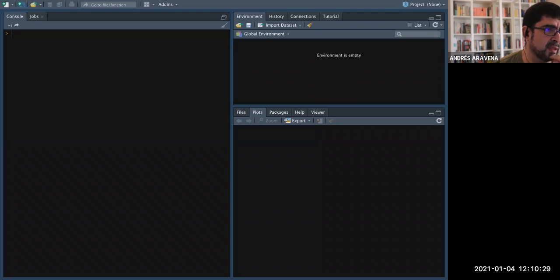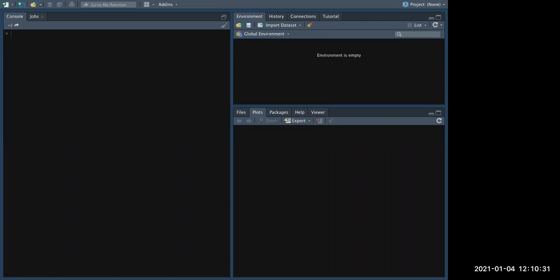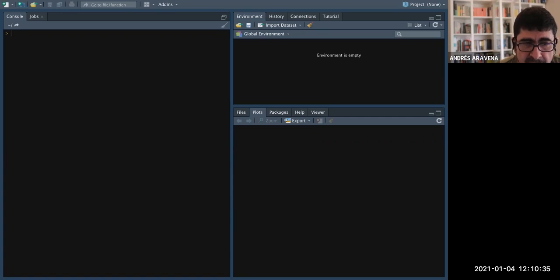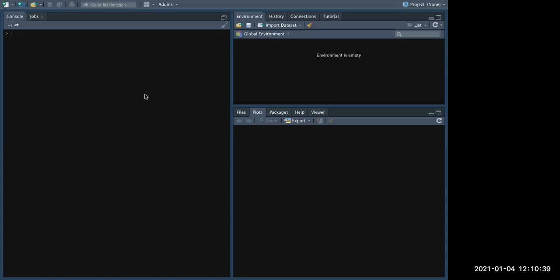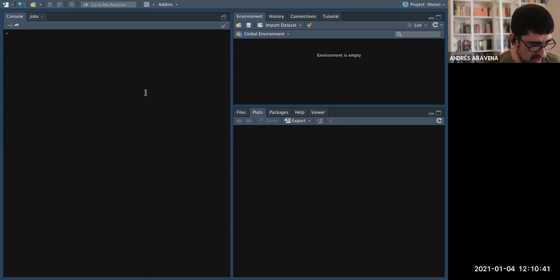Did we import data? Import the data. Exactly. That is the first step.